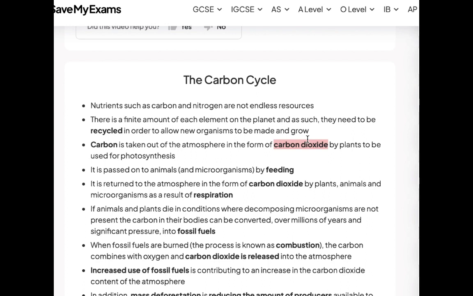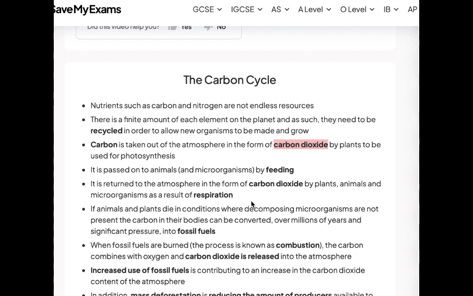Another way is the combustion of oil or petroleum products. When you burn petrol in a car, it releases carbon dioxide into the atmosphere. During the combustion process, carbon dioxide is released back into the atmosphere. One way it gets out of the atmosphere is by photosynthesis.